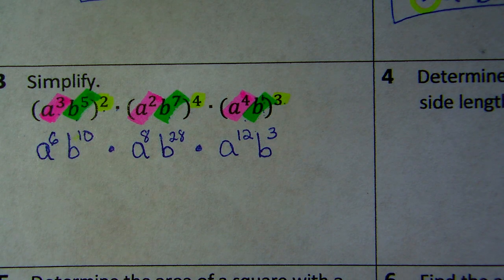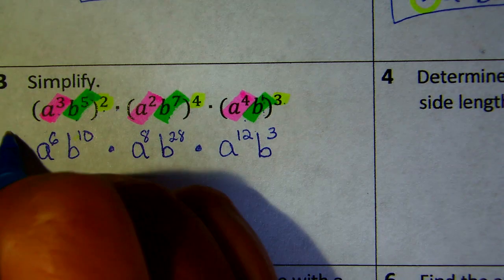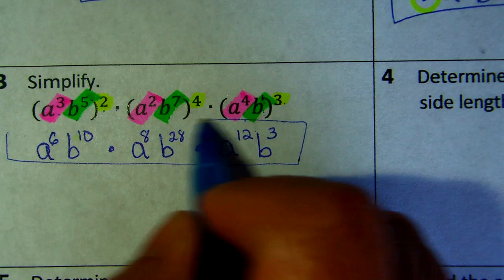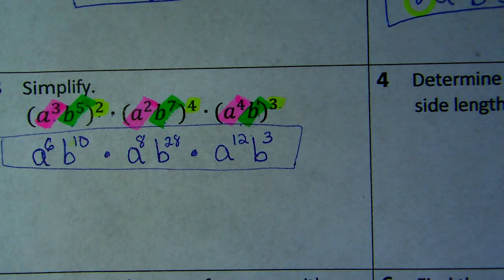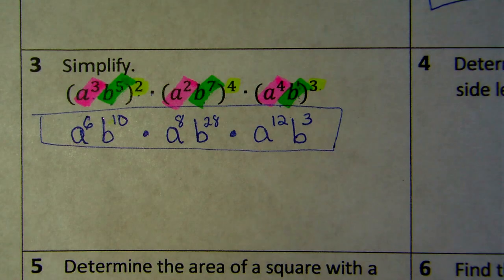All right, so let's continue. Now we have to simplify this whole multiplication, all right? So let me just get this. All right, so again, we have the letters.